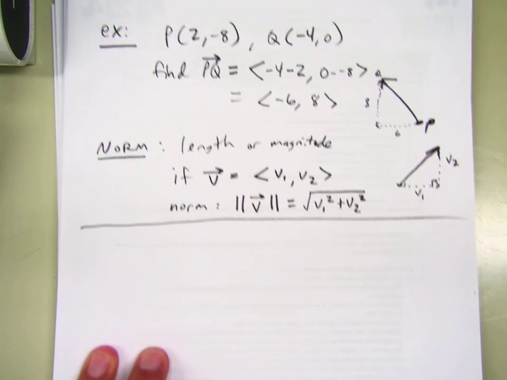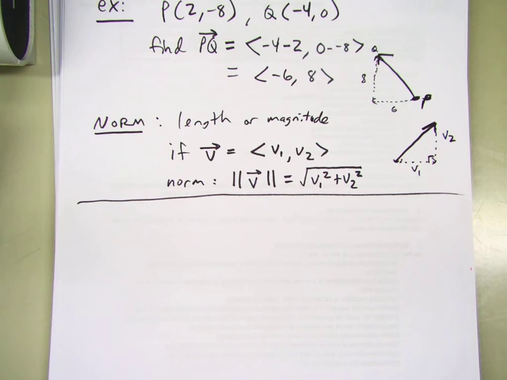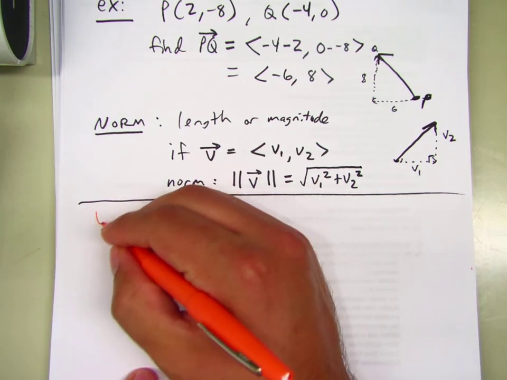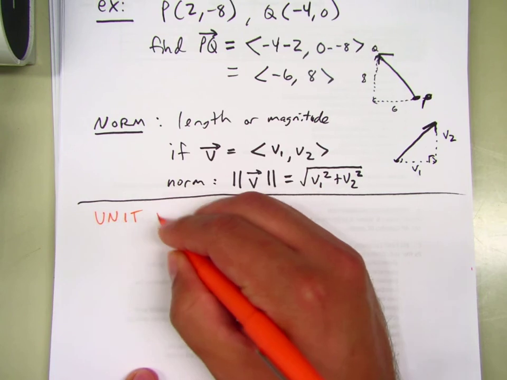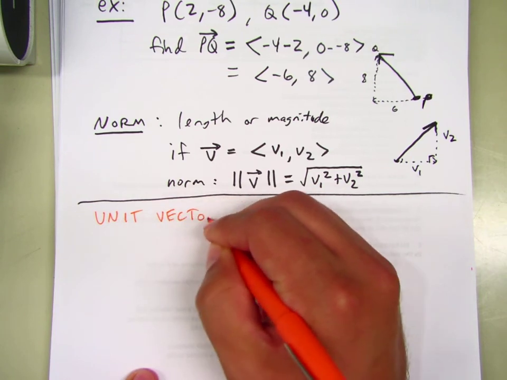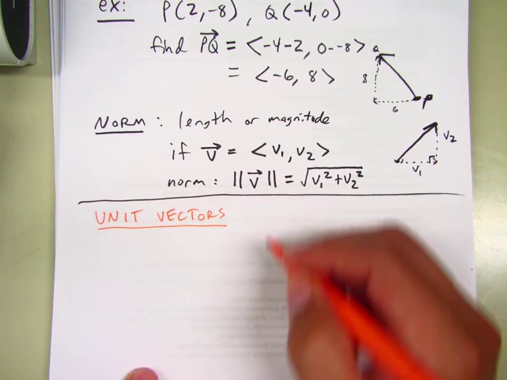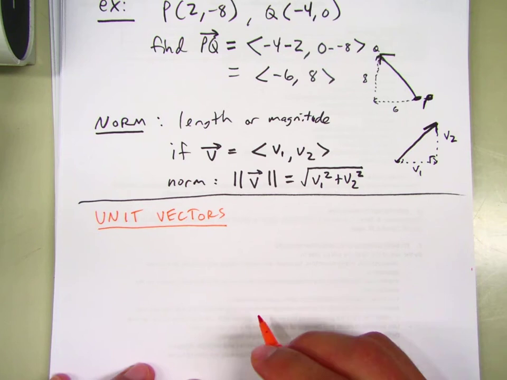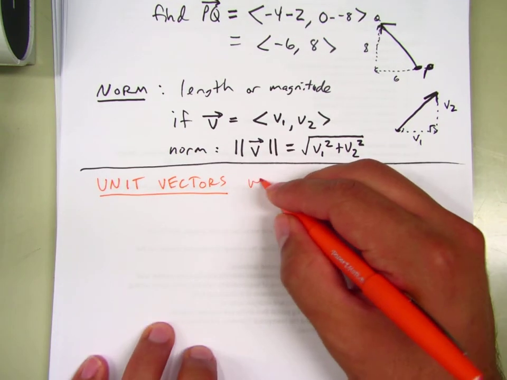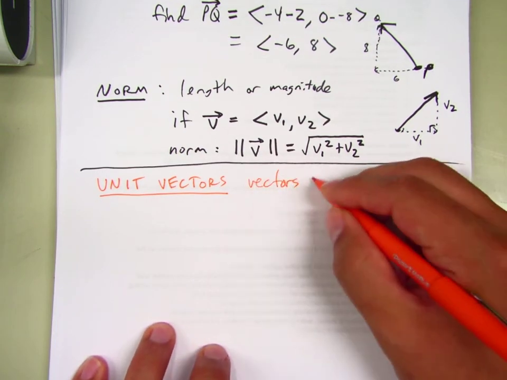All right, so now we're going to switch gears. This is kind of where I wanted to get to yesterday, but I didn't have enough time. Let's talk about unit vectors. Unit vectors are just vectors that have a length of 1.